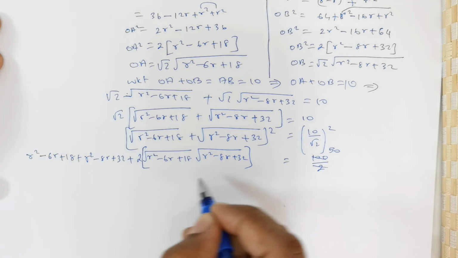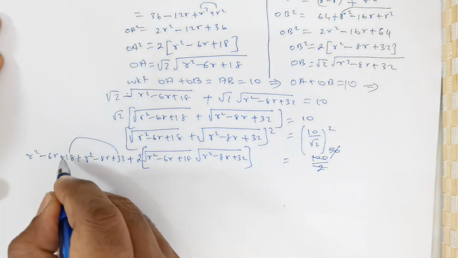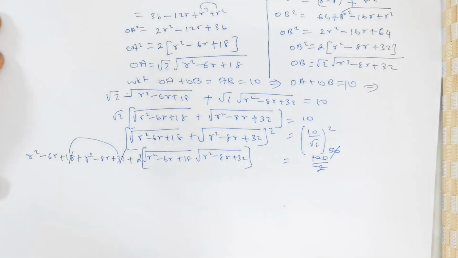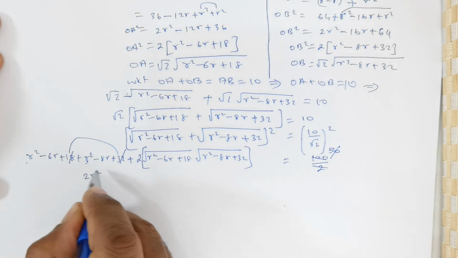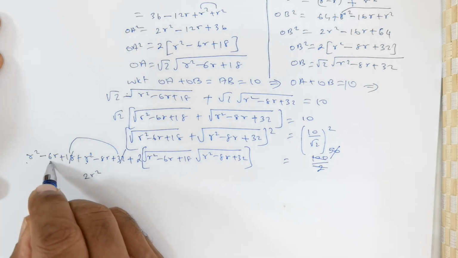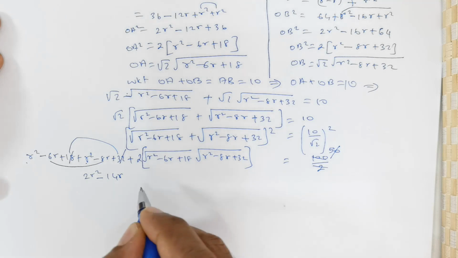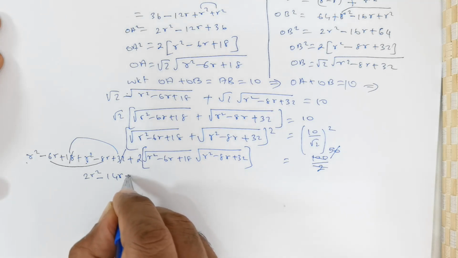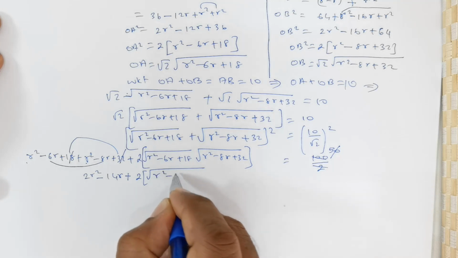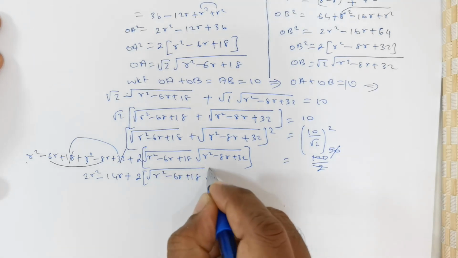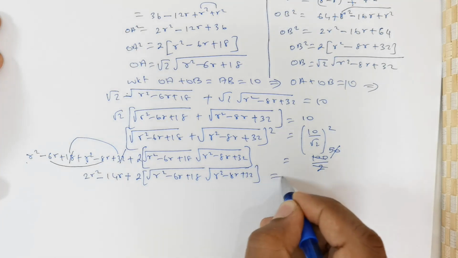Okay, 32 added with 18 is 50. This 50 and these two numbers get neutralized. R squared with R squared is 2R squared. Minus 6R minus 8R is minus 14R. Positive 2 times this entire quantity, root of R squared minus 6R plus 18 times root of R squared minus 8R plus 32, is equal to 0.